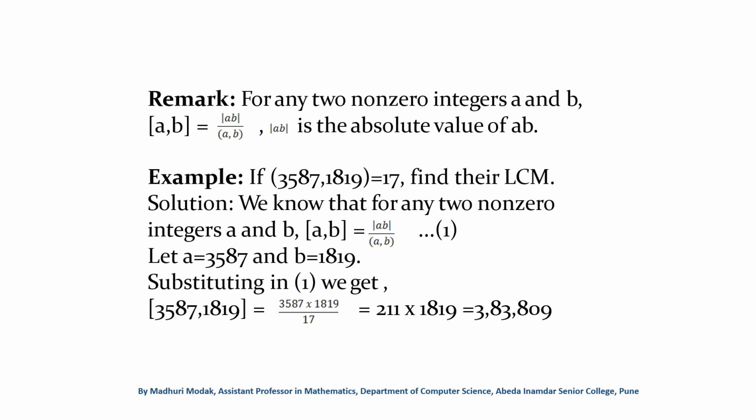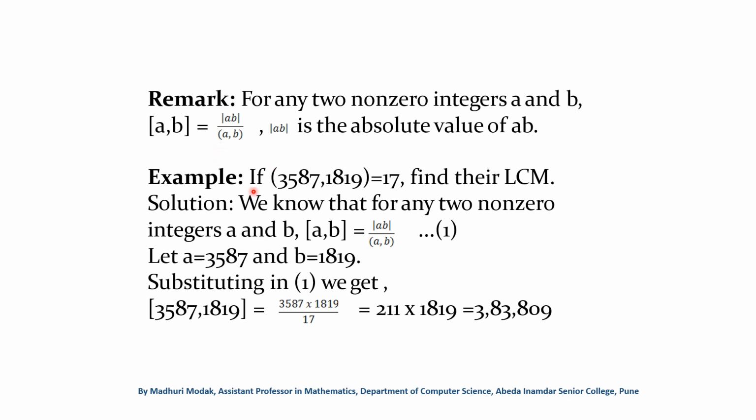Now, what is the relation between LCM, GCD and given non-zero integers a and b? The relation is that for any non-zero integers a and b, LCM of a, b is equal to mod of ab upon GCD of a comma b. Mod ab is nothing but the absolute value of a into b.